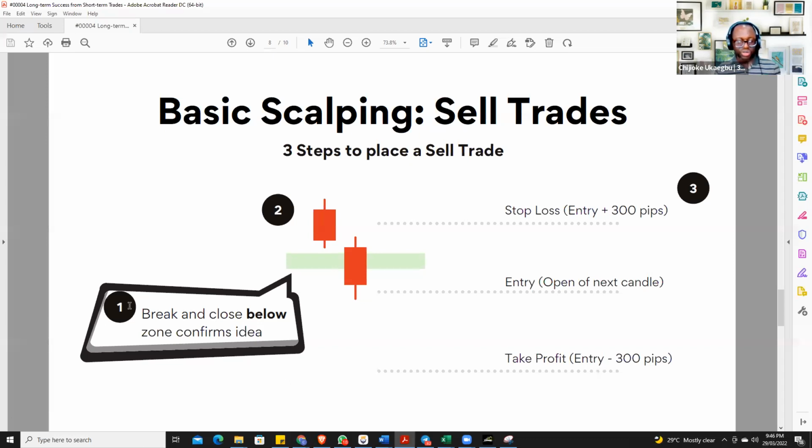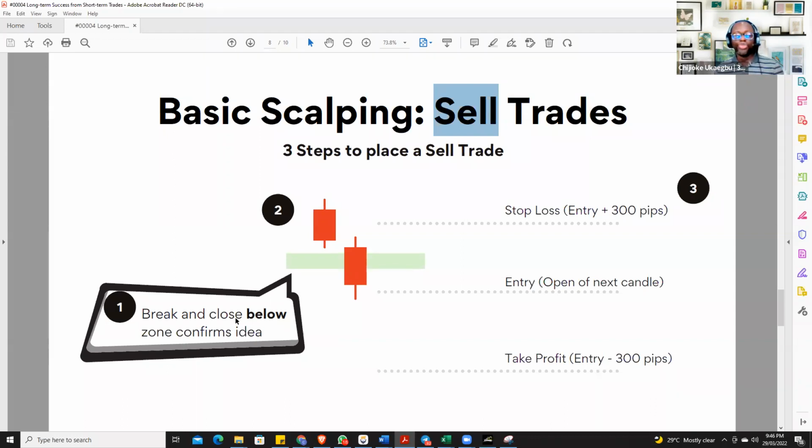So you get access to the tool, and step number one, you look for the instruction that will be in a callout or a balloon like this. It will tell you break and close either above or below. In this case, it's telling us break and close below zone confirms idea. Once you see that, you know that you are getting ready to take a sell trade.